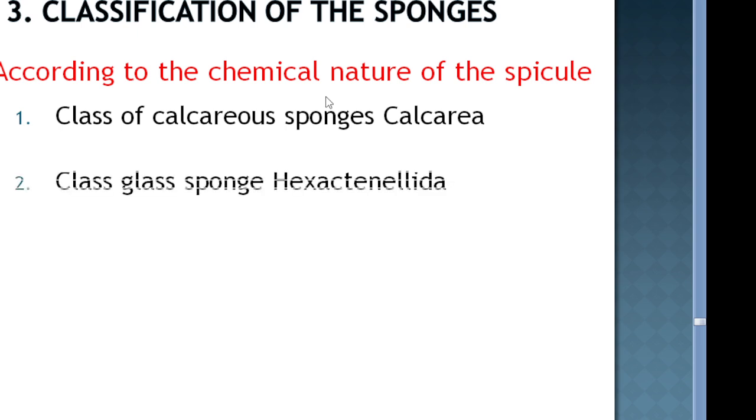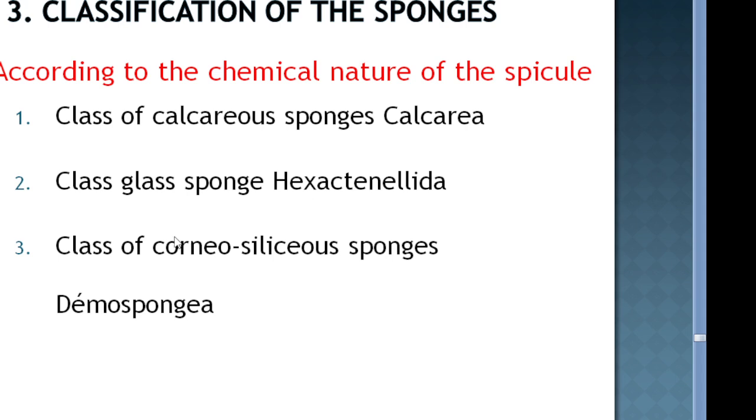The first class is the class of calcareous sponges, which is characterized by spicules made of calcar. The second one, the class of glass sponges, here the spicule is made of glass, of silica.